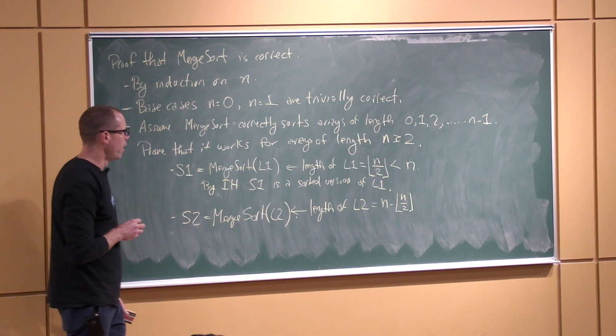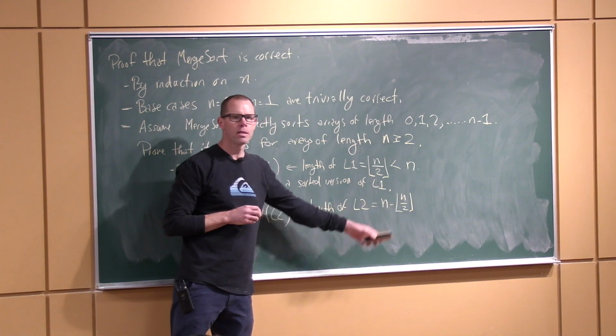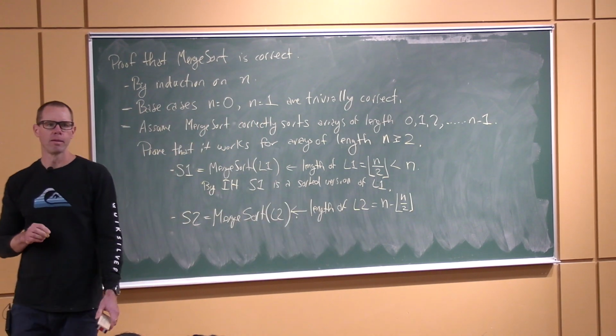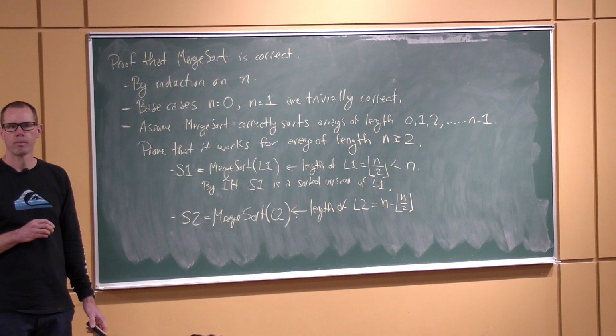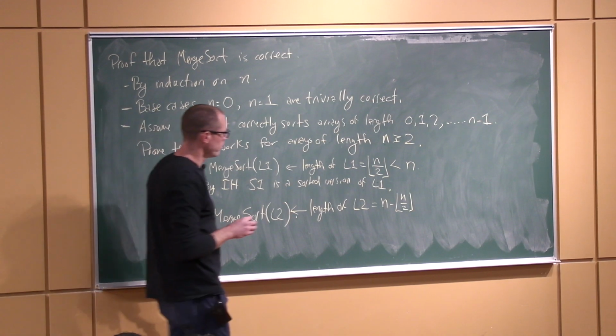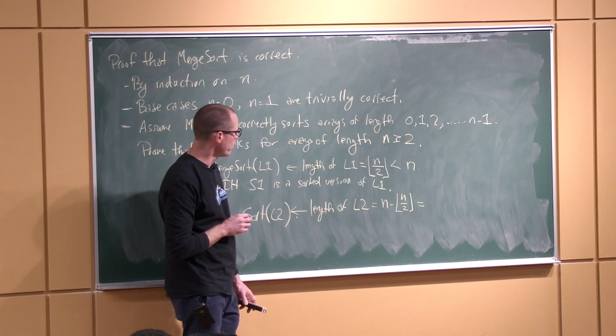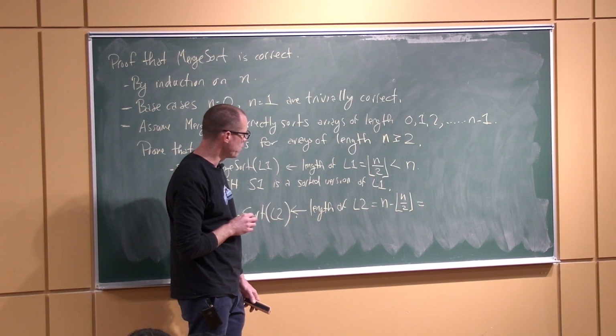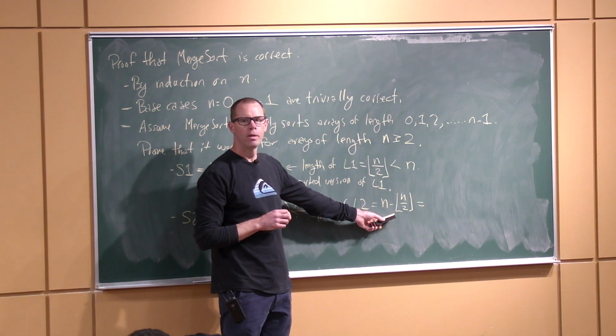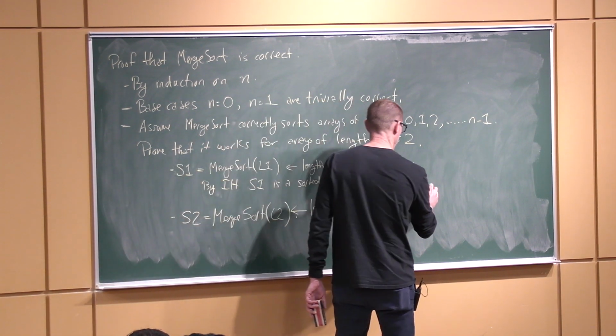Does anybody know a different way of writing this? If it was just n minus n over 2 without any floors or anything, then indeed this would be n over 2. Yeah, but you round up.